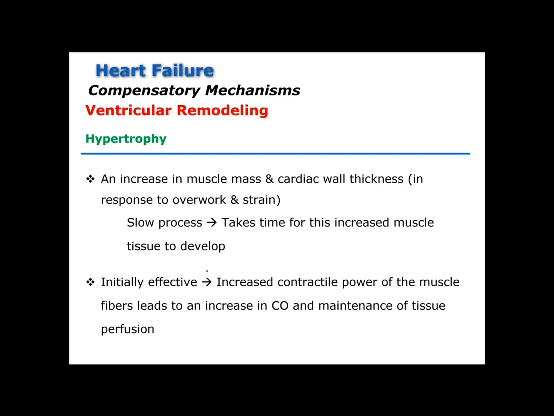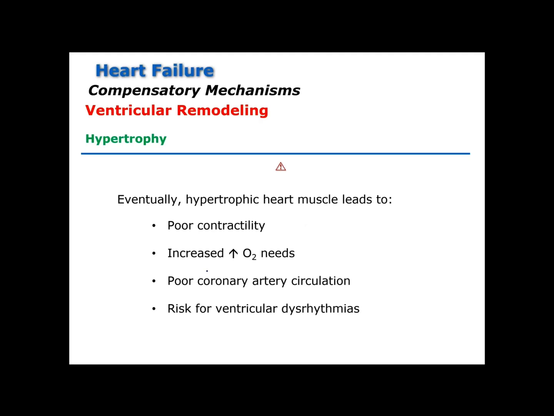Officially it increases your output, but eventually the muscle tissue starts taking up too much of the area. Eventually, the hypertrophic heart also leads to poor contractility, increased O2 demands, poor coronary artery circulation, and risk for dysrhythmias. Like we've talked about this several times now.